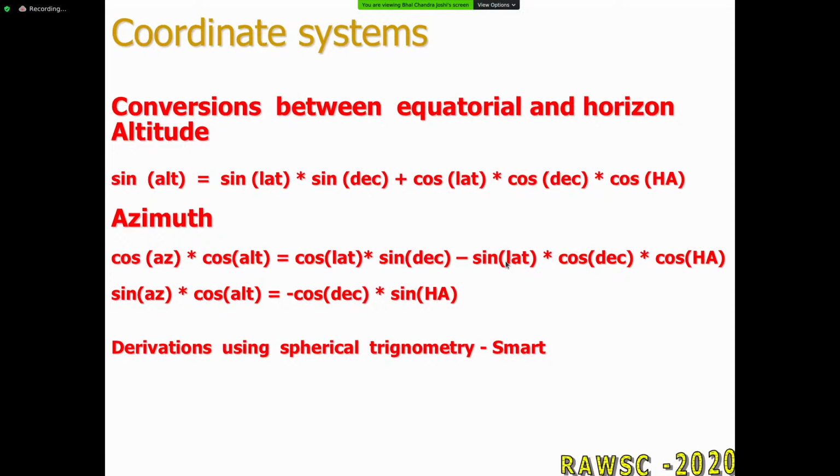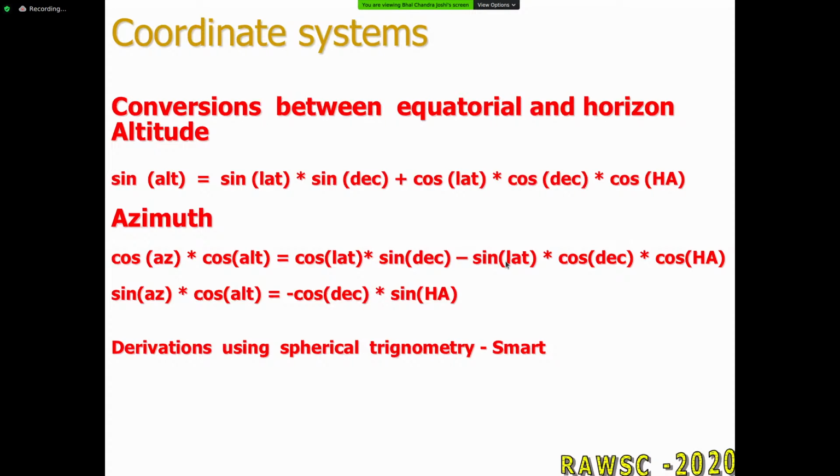But there are precision experiments where you need to consider a different coordinate system. So other than the equatorial and horizon coordinate systems, there is also a coordinate system called the galactic coordinate system, which is based on the Milky Way galaxy. The reference plane is the plane of the galaxy, because we know that the Milky Way is a spiral, planar galaxy.